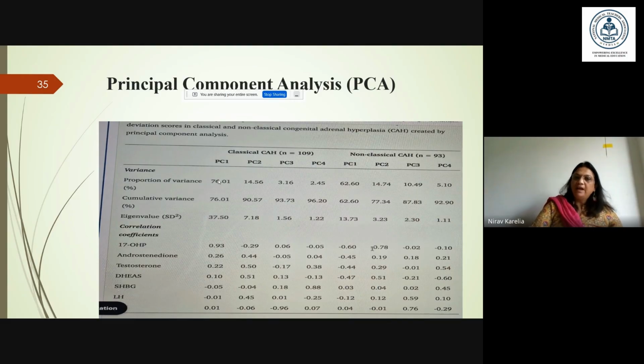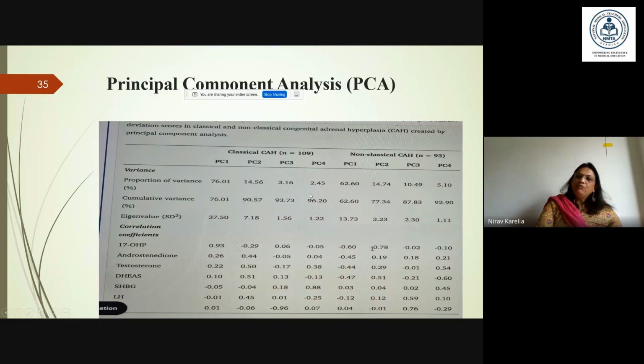And they collect the information about clinical parameters and hormonal issues. Then they run the principal component analysis, and whatever information or data they put in, it is converted into 4 components, PC1, PC2, PC3 and PC4.